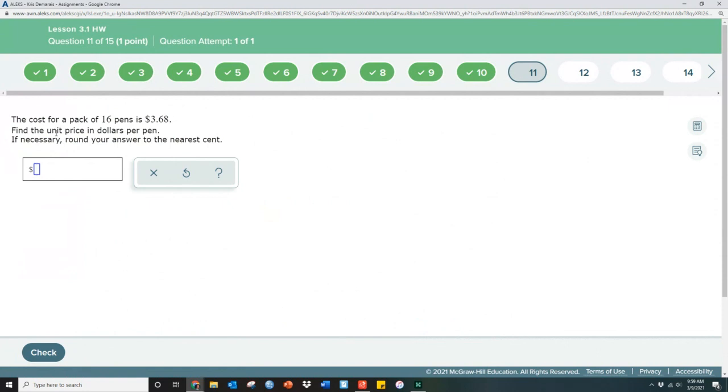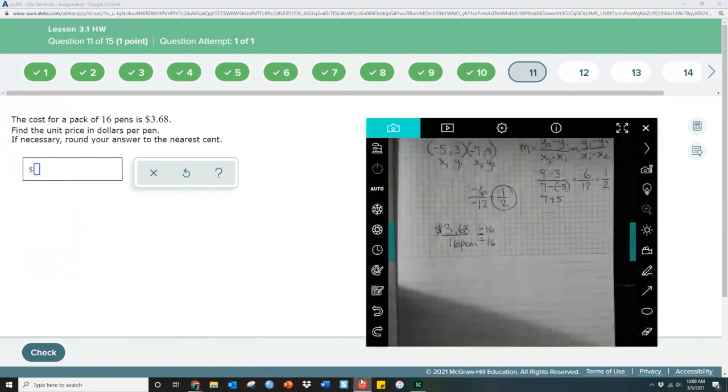We want those pens to be 1. So what we're going to do is divide each of these by 16.